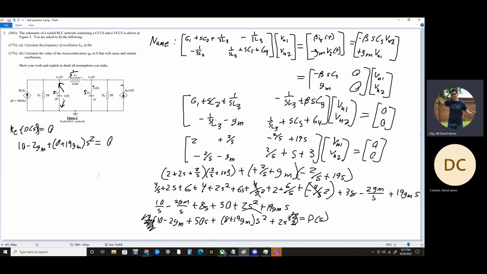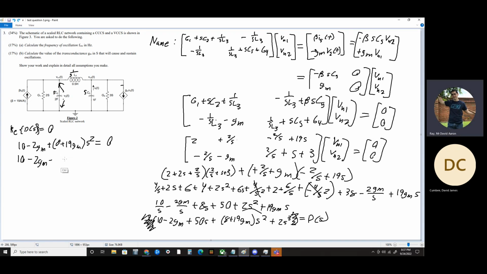Thank you. Equals 0. So then we got 10 minus 2 GM. That's going to be minus 8 plus 19 GM. Actually, wait, what's the best way to format this?